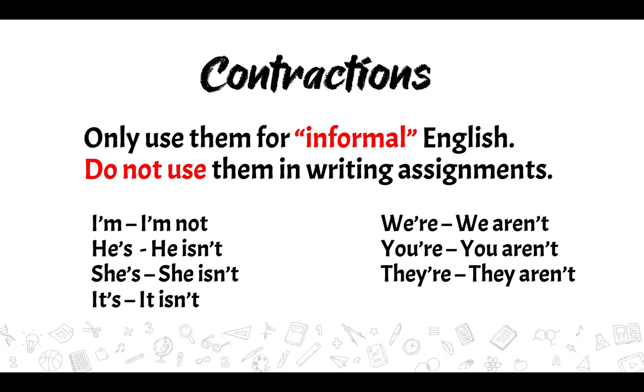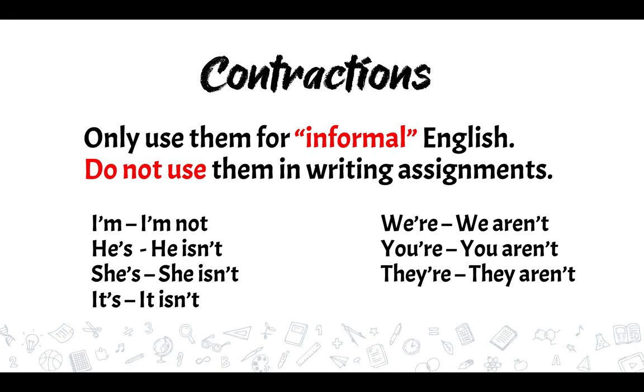Use contractions only informally. Do not use them in writing assignments. This is very important, okay? You must write the whole word in writing assignments. This is just informally. Informally means when you are, for example, talking to someone informally.